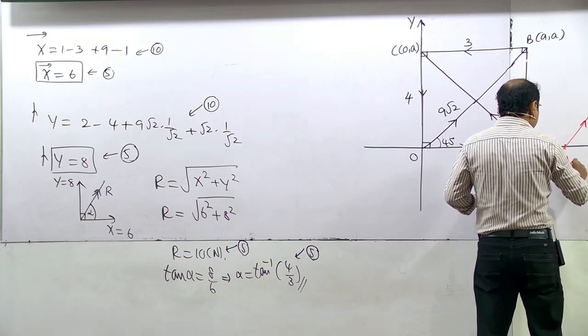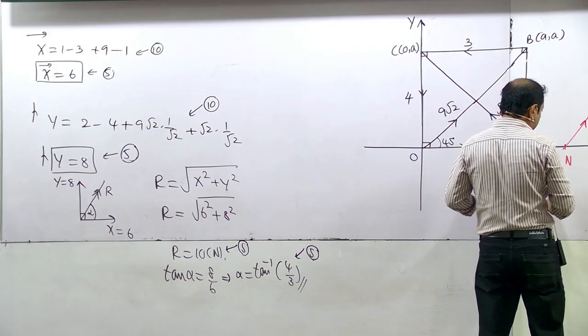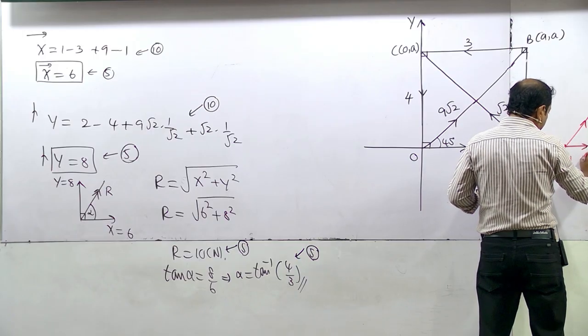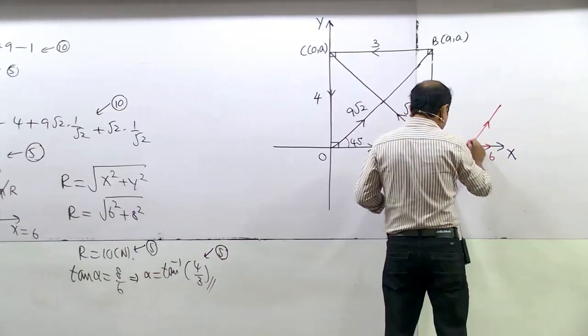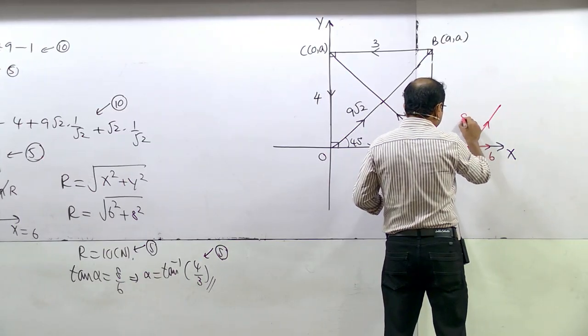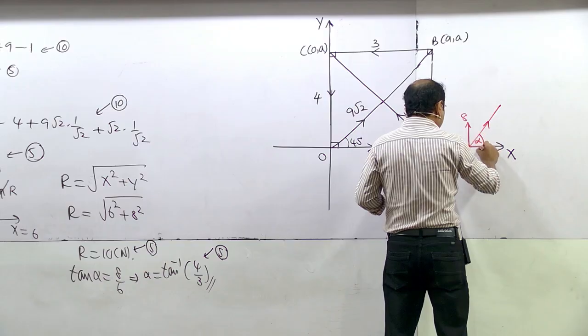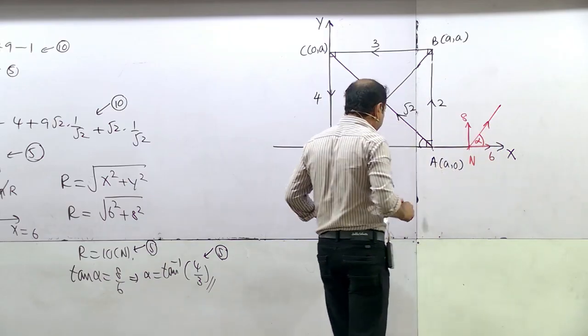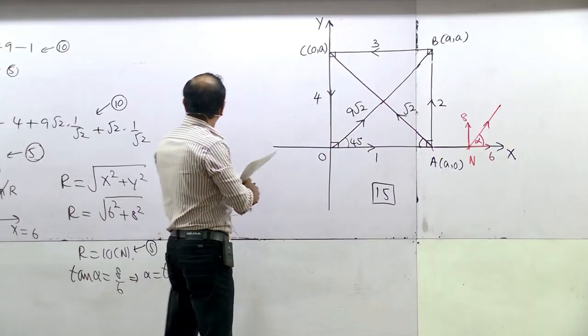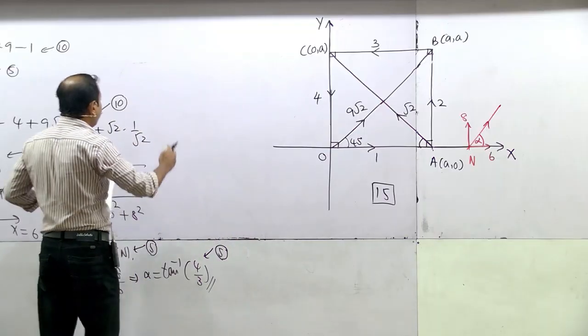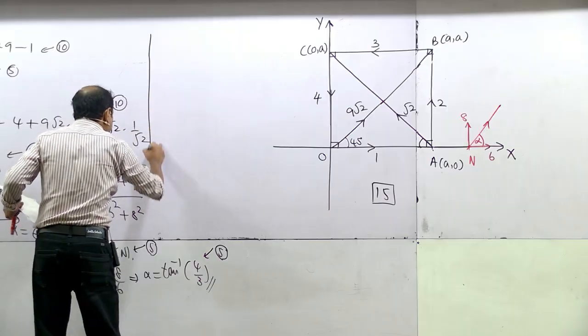This is point N. Horizontal component of the force is 6 here, 8. This is alpha, tan alpha given by 4 by 3. So we can take moment around O.